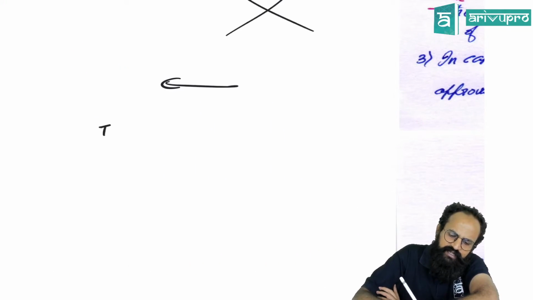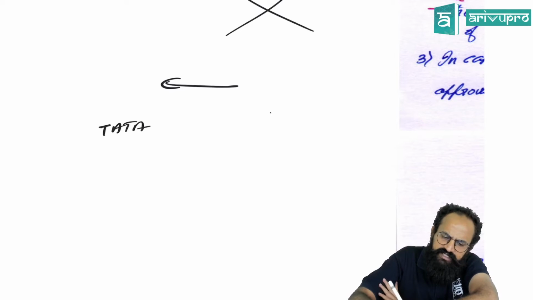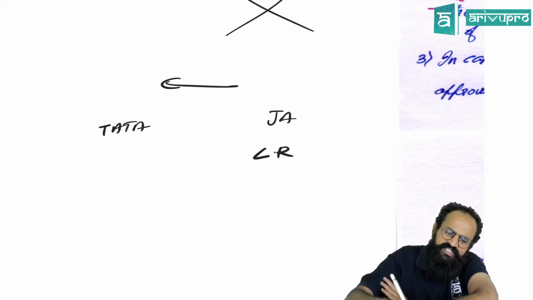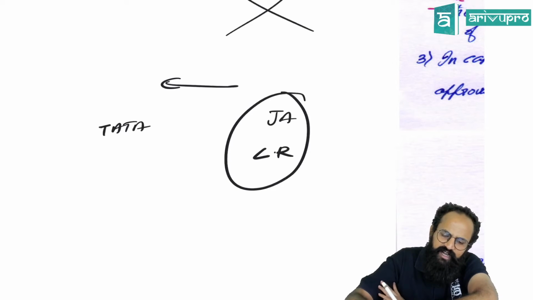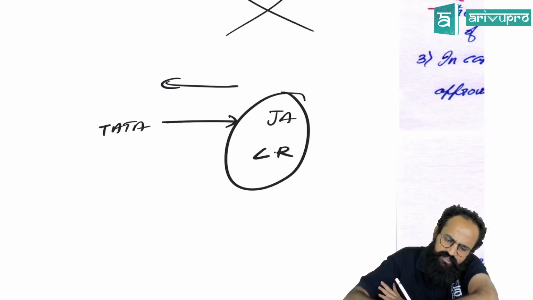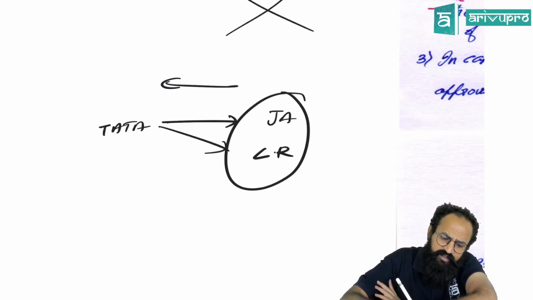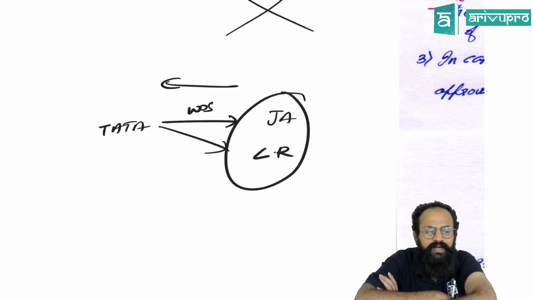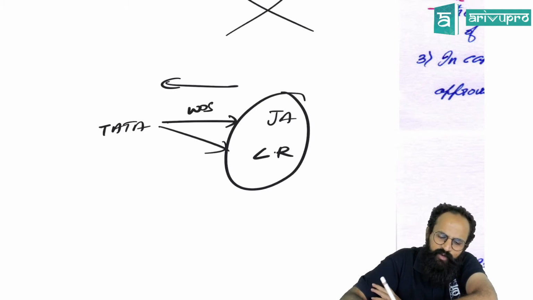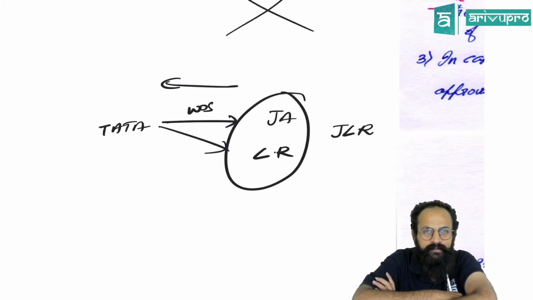Imagine, people, there is Tata. Sir, there is Jaguar, and there is, imagine, Land Rover. Jaguar and Land Rover are outside India, Tata has invested in this also, Tata has invested in this also. And sir, they are the wholly owned subsidiaries of Tata. Now Jaguar and Land Rover are coming together and becoming Jaguar Land Rover.